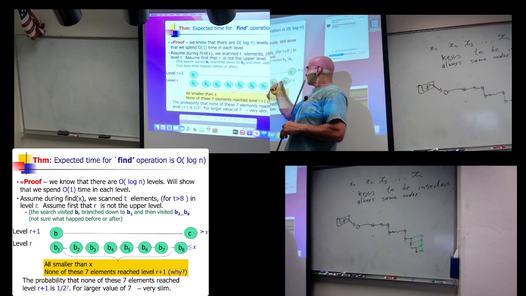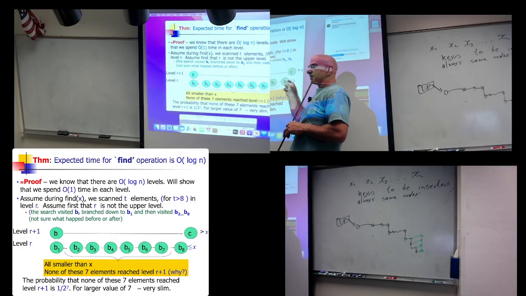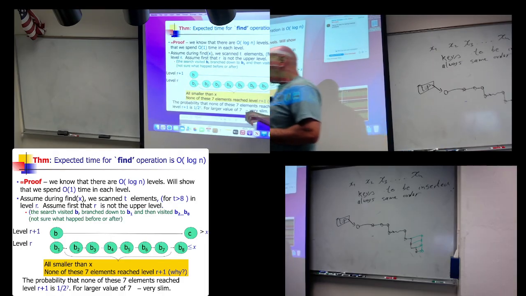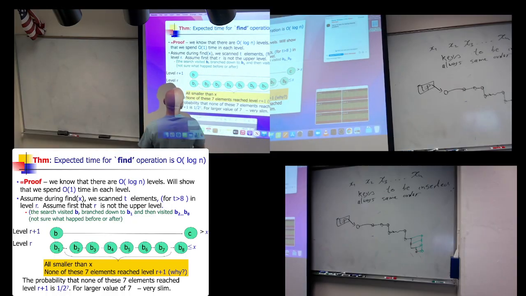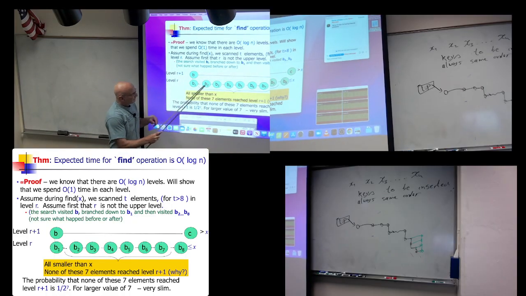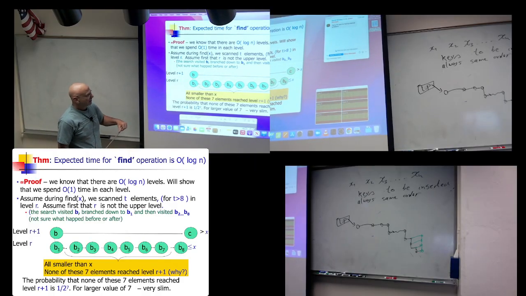I'm only moving to the right. Remember the skip list: you're moving to the right only if the next element is still smaller than x. You never overshoot it. Okay, so B1, B2, B3 are all smaller or equal to x.